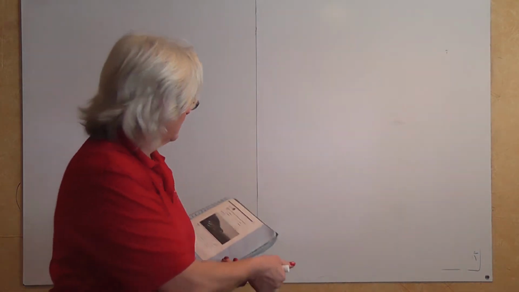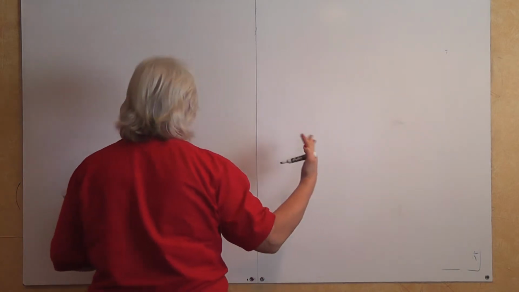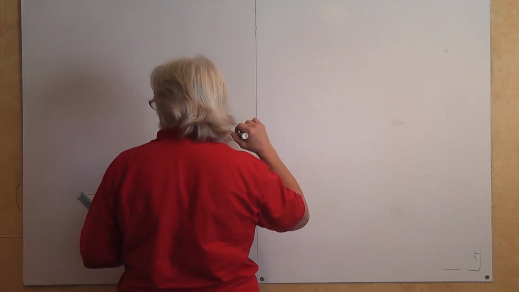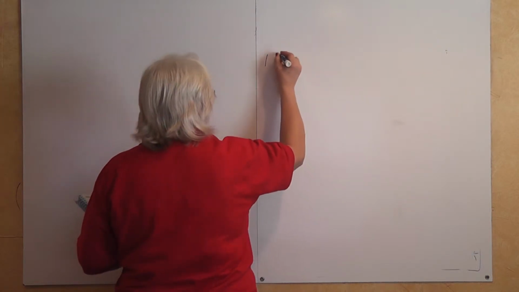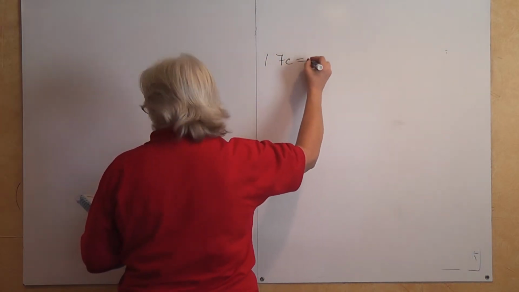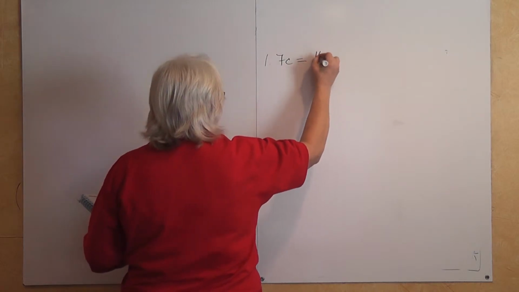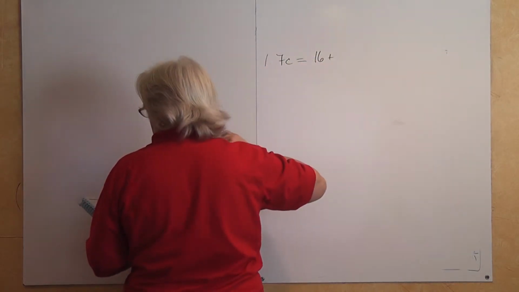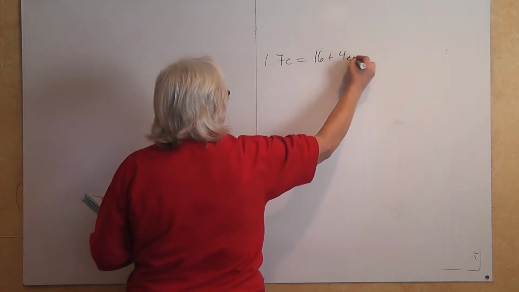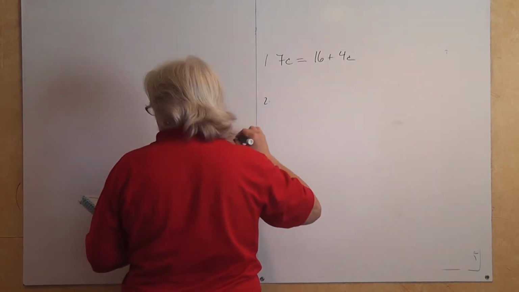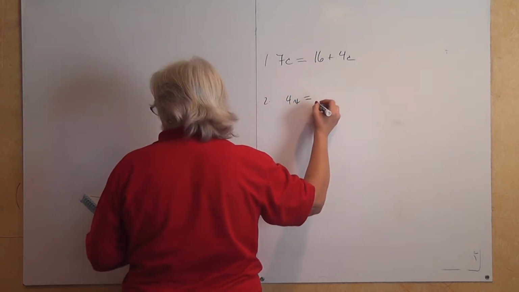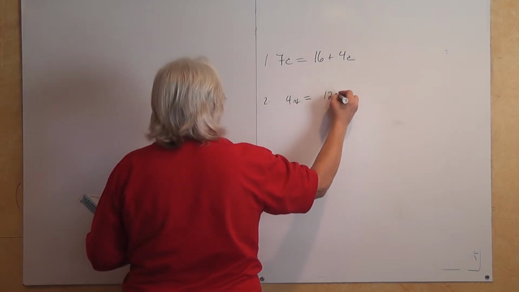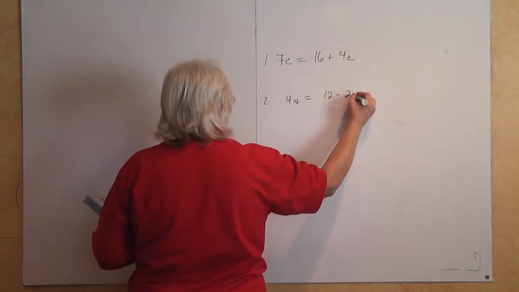Let's go ahead and talk through 4 of these problems here to see what we would want to do to get the variable on which side of the equation we'd want the variable to be placed. If I have 7c is equal to 16 plus 4c. The next one I have is 4x is equal to 12 minus 2x.